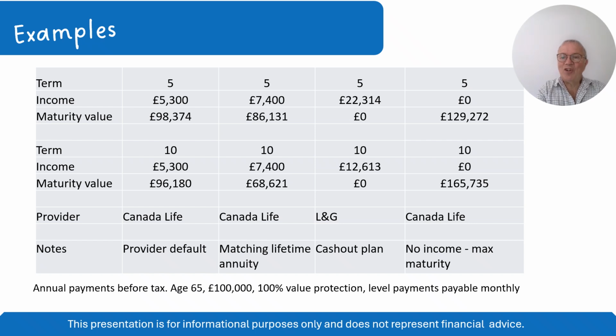The last option is this so-called no income, maximum maturity value. So over 5 years, £100,000 would grow to £129,272, and over 10 years to £165,000. So looking at a 5% return can be quite attractive.